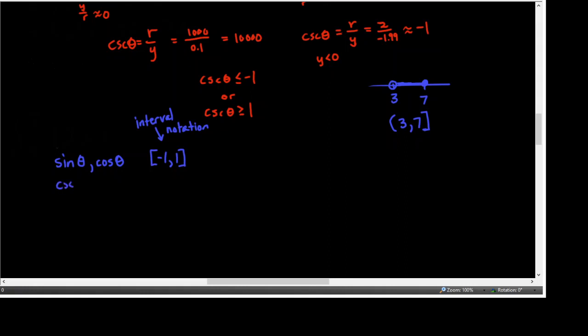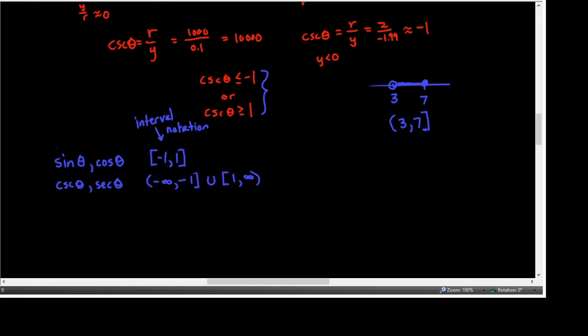Cosecant and secant, cofunctions, of course, have the same range as each other. And that is, in interval notation, from negative infinity to negative 1 inclusive, union from 1 to infinity, which is basically what this means in interval notation.